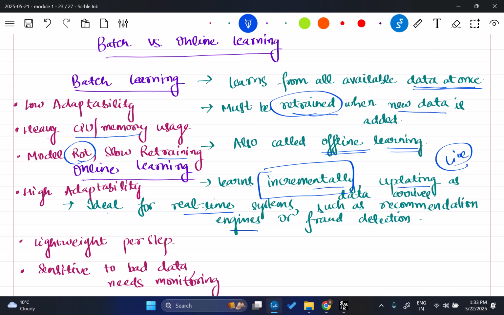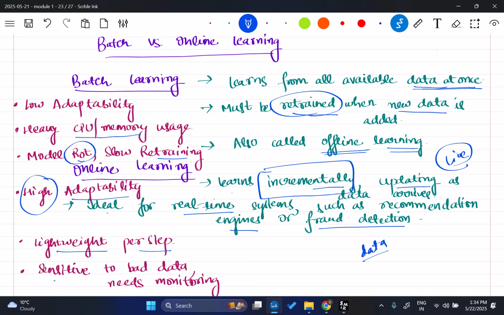It's not like we need to train the Netflix model from scratch. Fraud detection is also like this. All these applications where the data is real time, that concept is known as online learning. It is highly adaptable to new data and lightweight per step, because we need not train it from scratch. We don't need to train the model again.